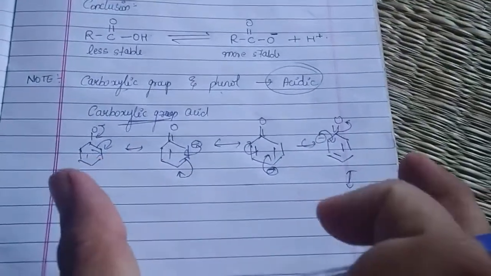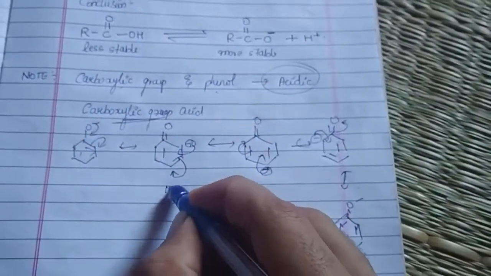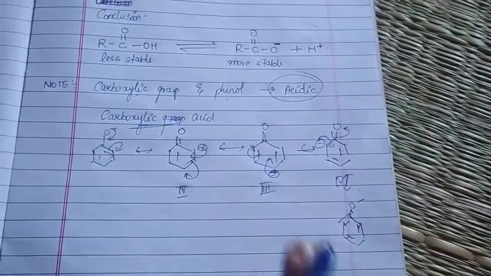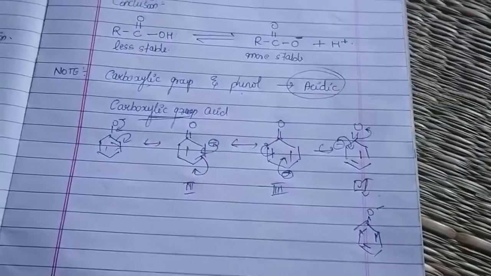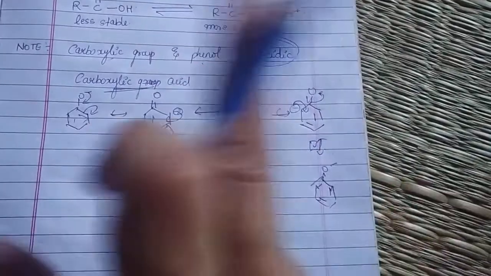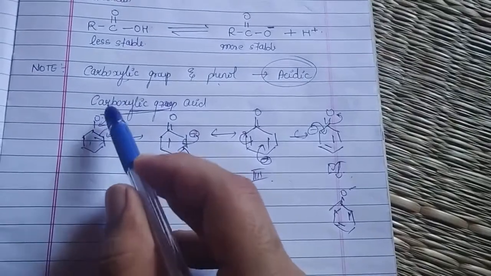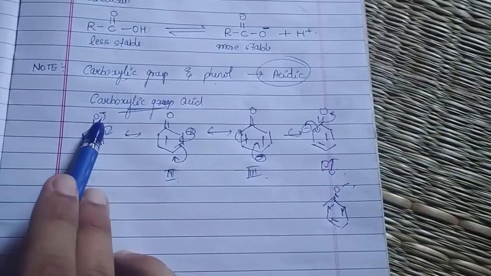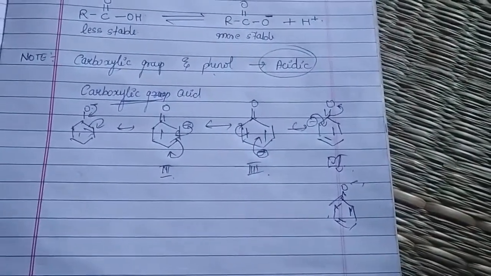So when we are observing the resonance structures of your phenoxide ion, remember only the structures, that is your second, third and fourth, I repeat, only the structures second, third and fourth will not contribute to the resonance structure, whereas the structure in which the oxygen atom is having a negative charge, I repeat, the oxygen atom having the negative charge will only contribute to the resonance hybrid.